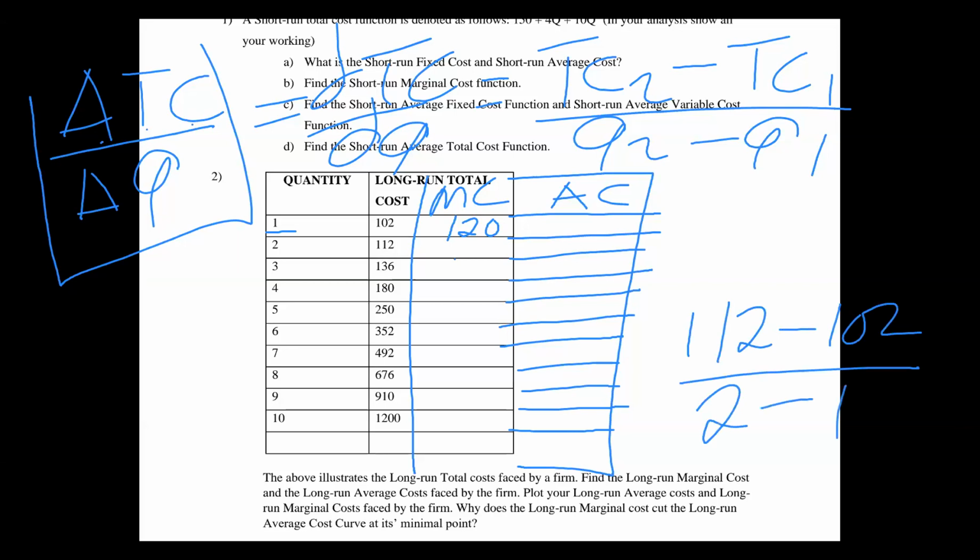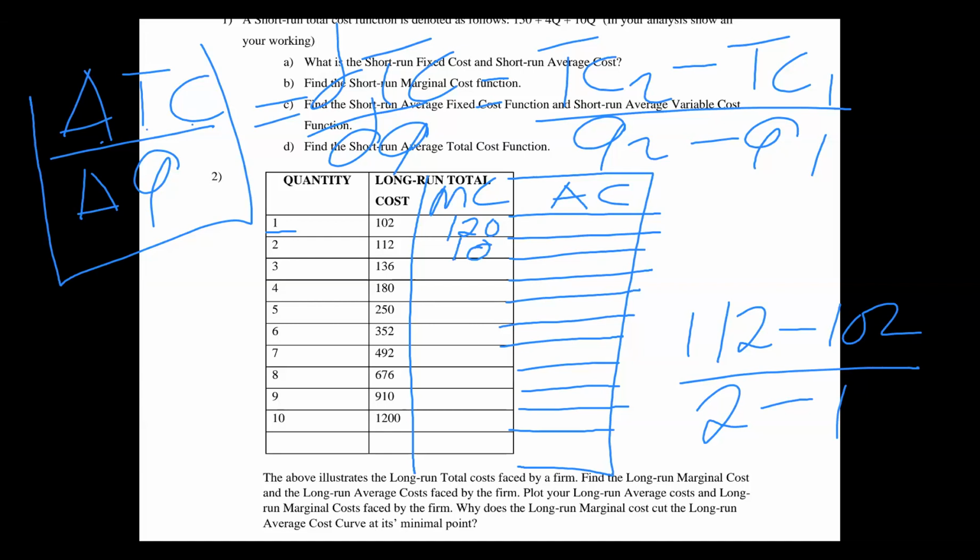And what do we find as the marginal cost? 112 minus 102, divided by 1. The answer is 10.